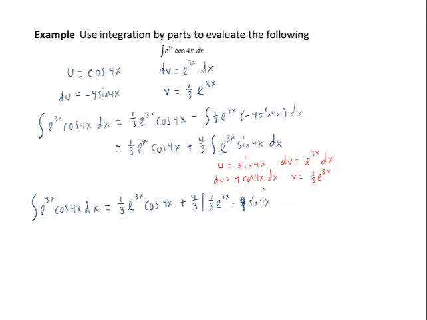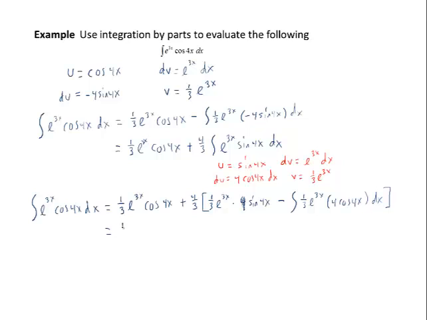Sorry about that. Minus the integral v times du. So v times du is 1/3 e to the 3x times 4 cosine 4x dx. Let me put a square bracket there.